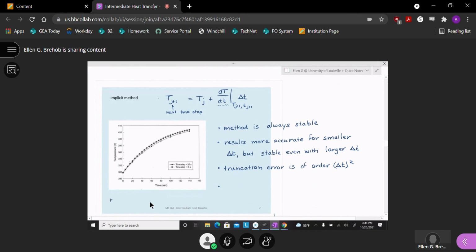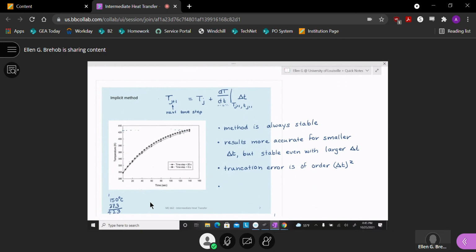So let's see, we want to get up to 150 degrees C. So like 423. Maybe it's even closer. It looks so much different than my explicit graph, but it's because I did Kelvin in this one and degrees C in the previous one.